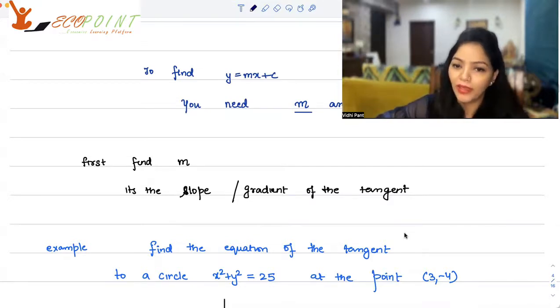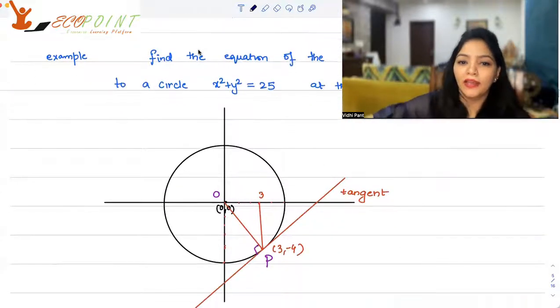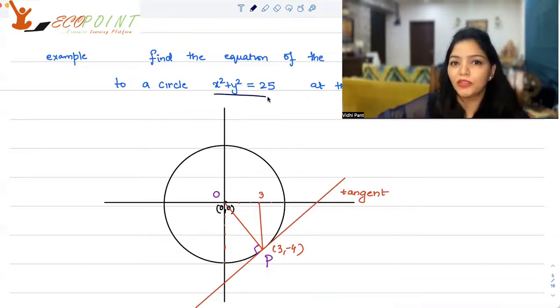So this is a tangent to this circle at this particular point, which means I am creating a circle with radius 5 and center 0, 0, because this is what the equation tells you: x squared plus y squared equals 25.